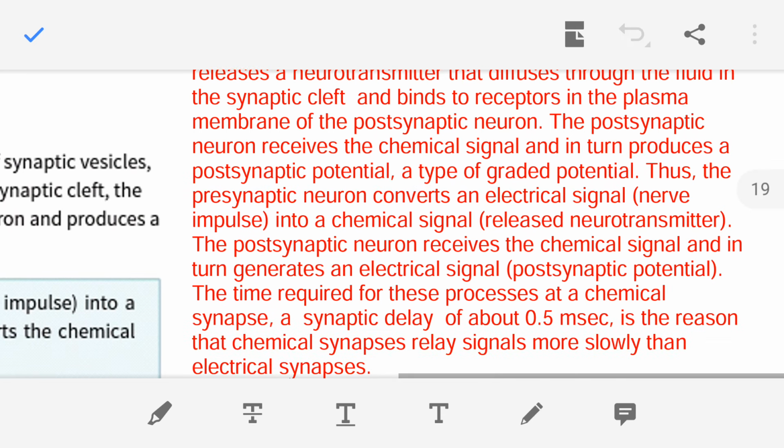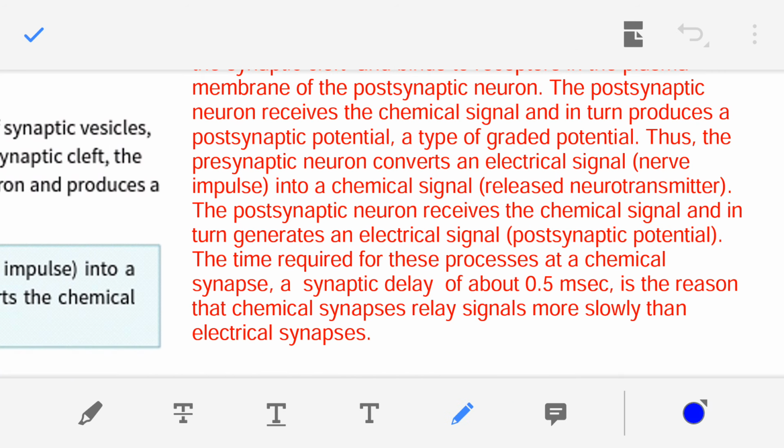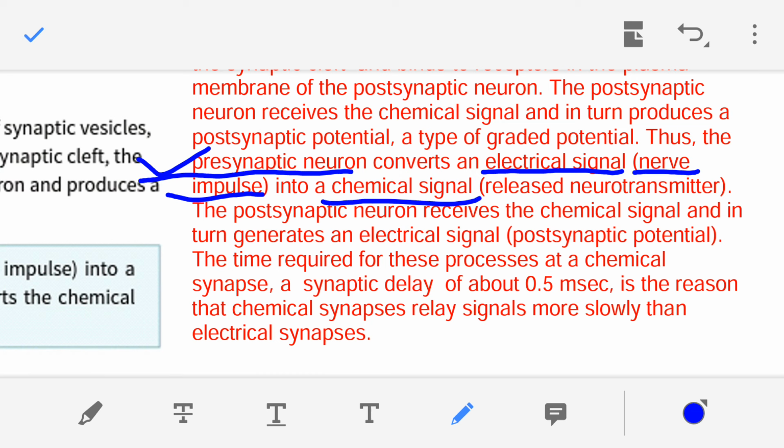So now we can say the presynaptic neuron converts an electrical signal, the nerve impulse, into a chemical signal, which is the release of neurotransmitter.